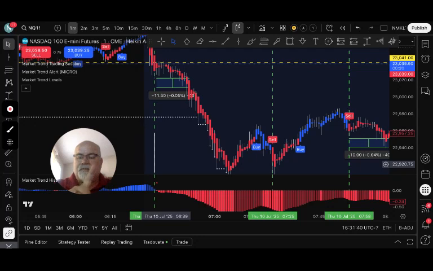The 1 loss would be minus 400. So you're at a $1,600 day. And that is taking all of the trades that would have been eligible according to the market trend system rules. Okay? That's a pretty good day.